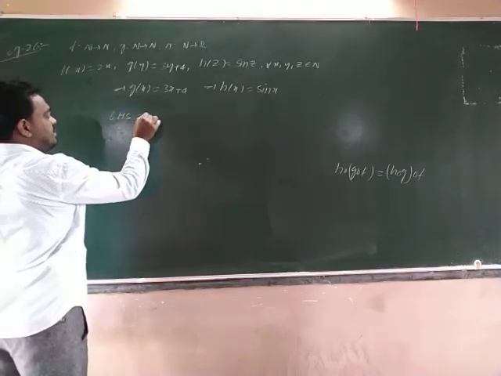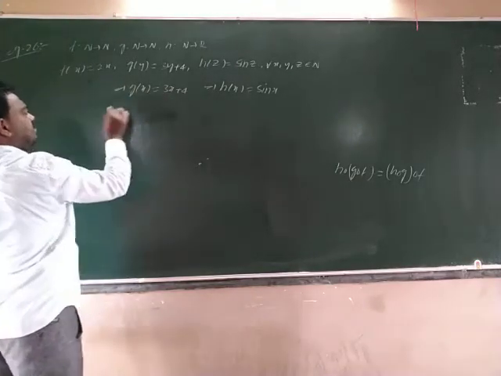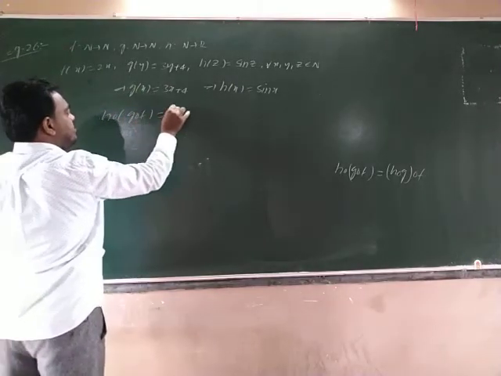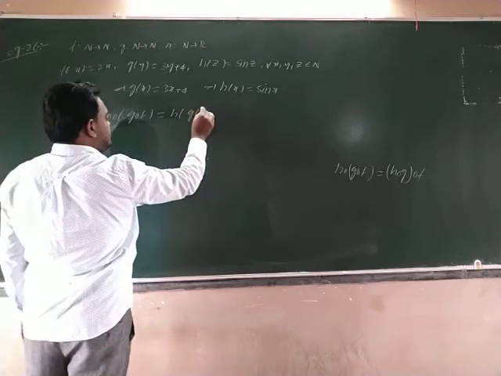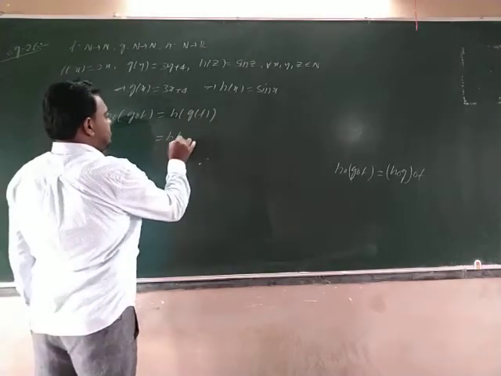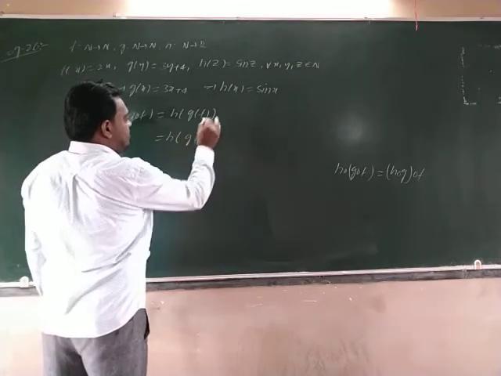Now I am finding first the LHS. What is the LHS? h circle of g circle f. This is equal to h of g of f of x.